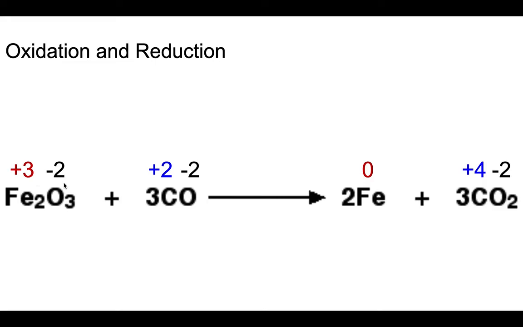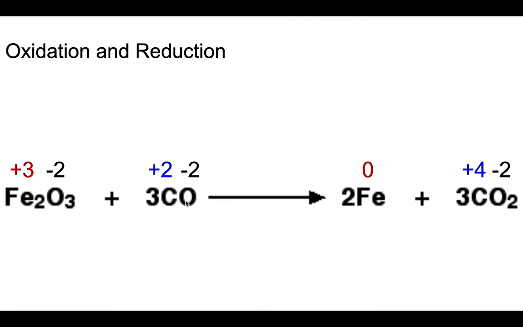Negative 2 times 3 is negative 6. We need a total of 6 positive charges over here. This one has to be positive 3, so that we've got 3 times 2 for positive 6, negative 6, and overall sum of 0. And the rest are going to go about in that same manner.